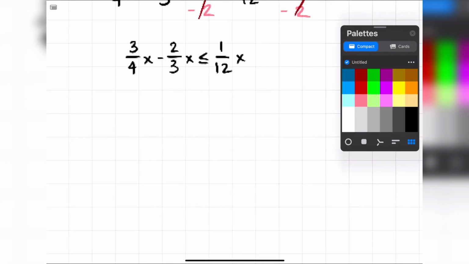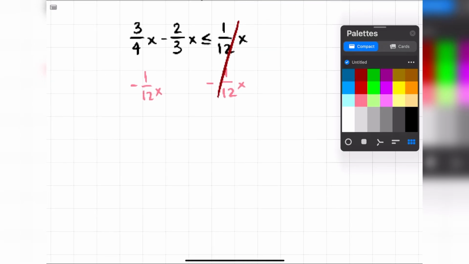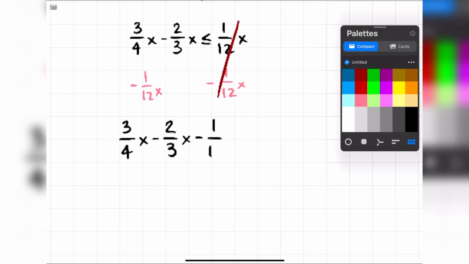We want everything on the same side, right? So we're just going to subtract this from both sides so that we can move it over. That'll cancel out these guys, and that'll leave us with 3 over 4x minus 2 over 3x minus 1 over 12x is less than or equal to 0.